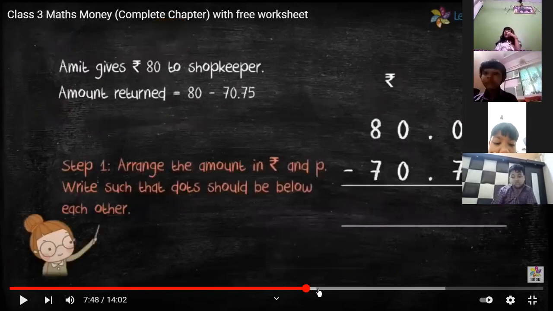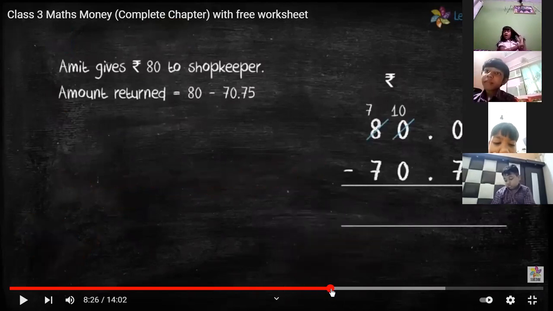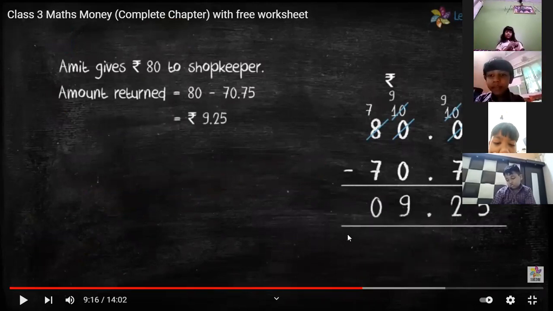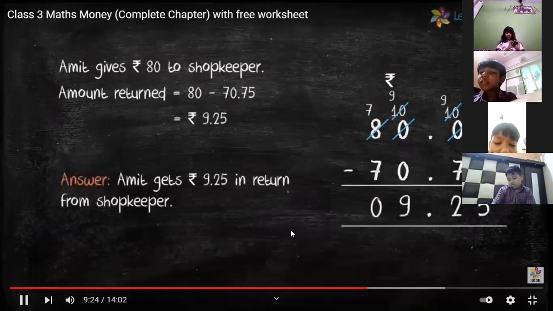And after subtracting, what will be the answer? Our answer will be rupees 9 and 25 paisa. Amit gets rupees 9.25 in return from the shopkeeper.